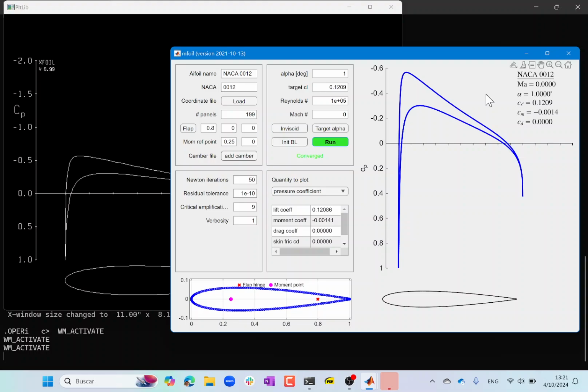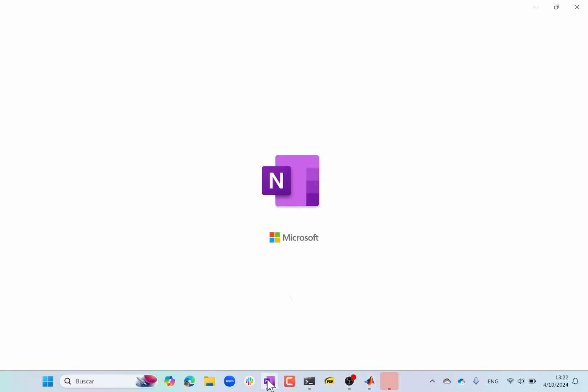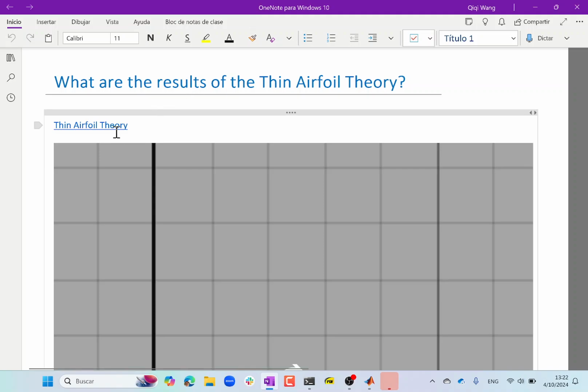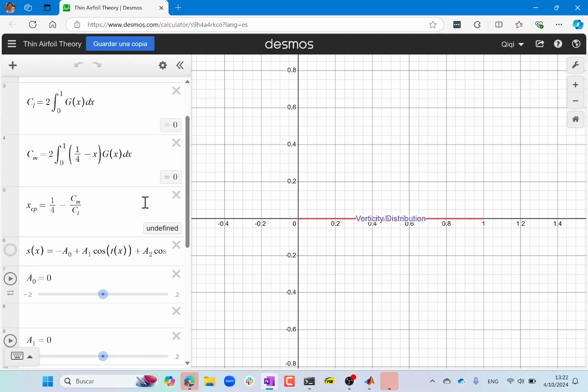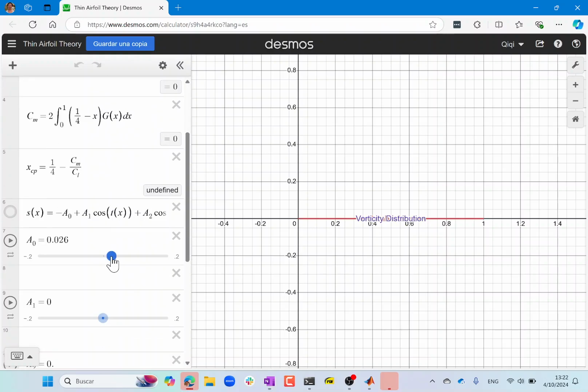Remember the effect of angle of attack. I can actually just load the decimals and try to visualize what it looks like.